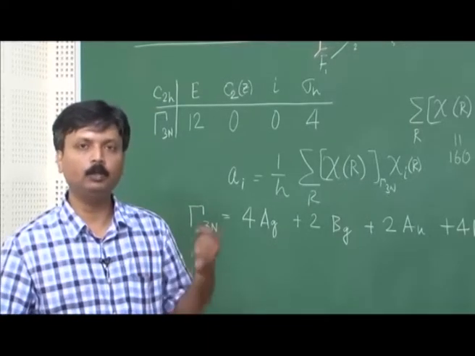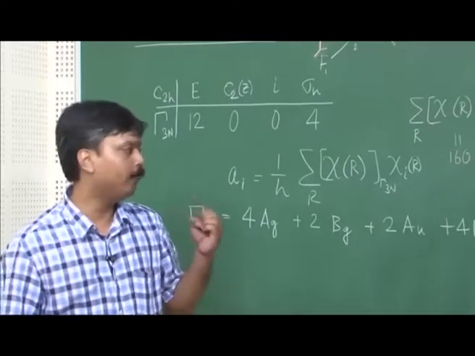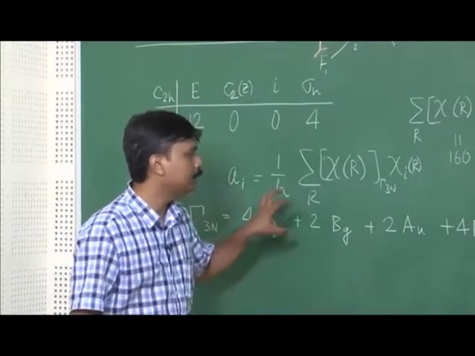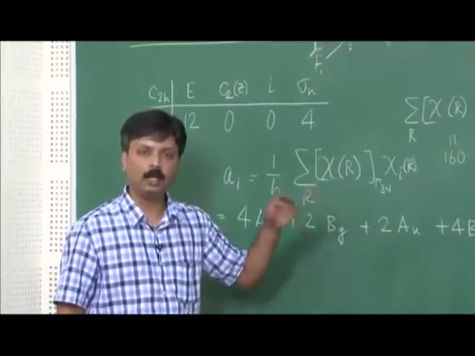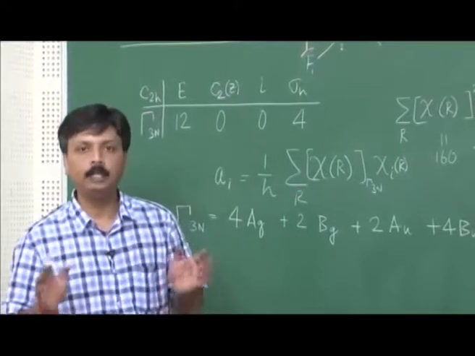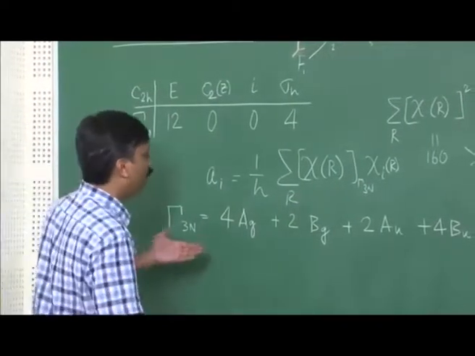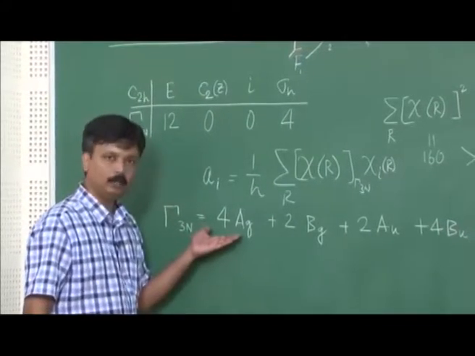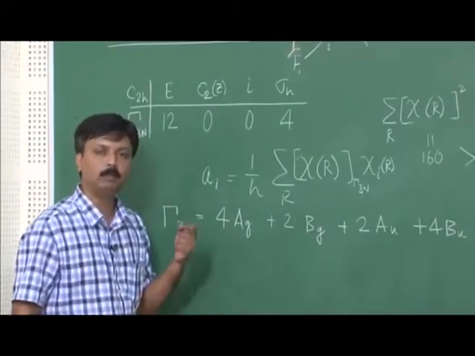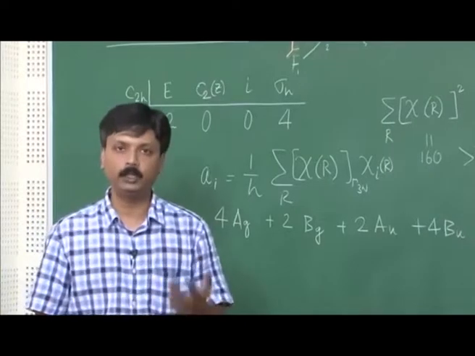That answer we know, that will be 6. So I have to find out which 6 irreducible representations actually form the set of genuine vibration. In order to do that, I have to eliminate all the other contributions, those coming from translational and rotational motion.